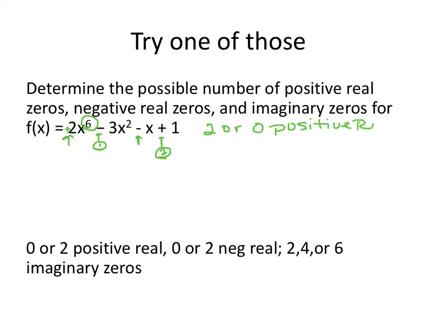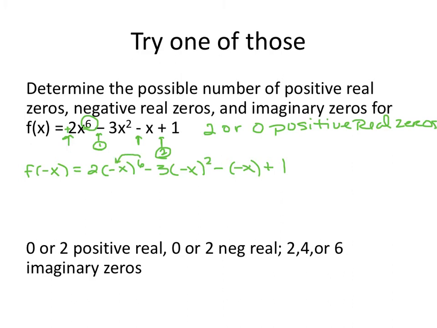How did we get 0? Because we took 2 minus 2 positive real zeros, and that makes 0. And then we have to do f of negative x. So we replace x with negative x. And then anything to an even power would be positive. So this will be positive 2x to the 6th.